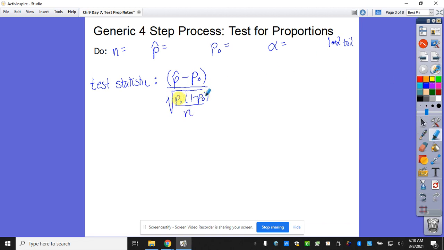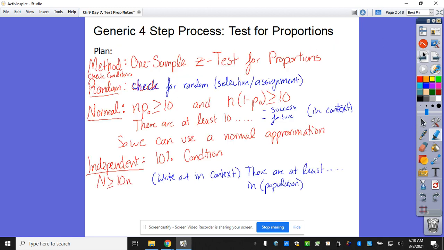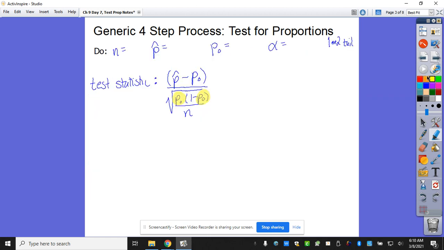So if you want to write kind of a note to yourself, if you choose to do this, that's where people mess up most frequently with proportion, is accidentally writing p hat in those 4 places. So when you find your number value, you have to draw and shade. I think I switched my colors of what had to be there and what wasn't.